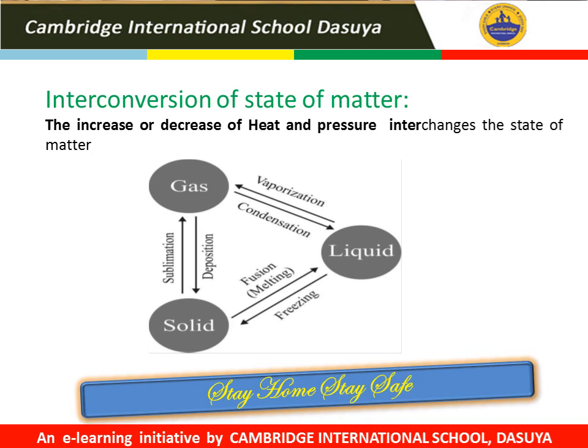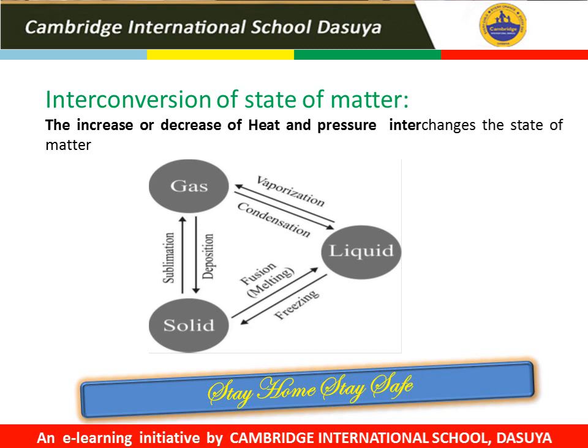Gas is converting to solid, solid is converting to liquid, and liquid is converting to gas. When the gas converts to solid, we call it deposition, and that happens when the temperature decreases. The reverse process is called sublimation, that is the solid converting to gas directly. There are certain substances which undergo sublimation, that is without undergoing the intermediate liquid state. For example, ammonium chloride is one such example which undergoes sublimation.